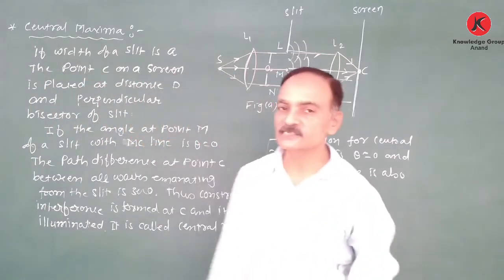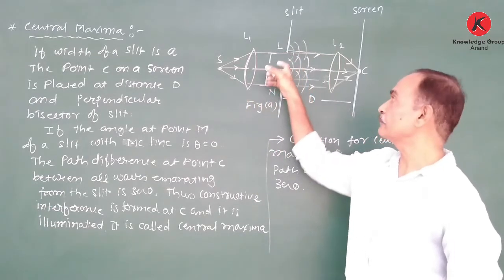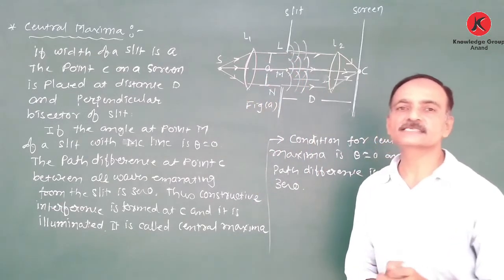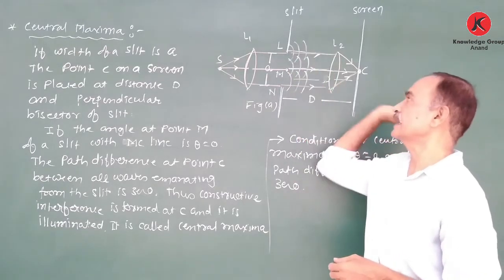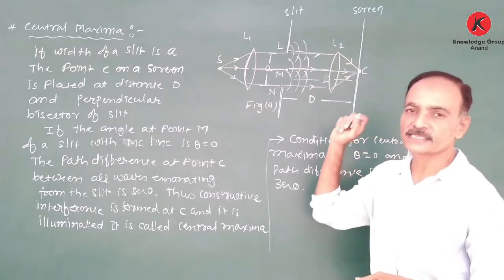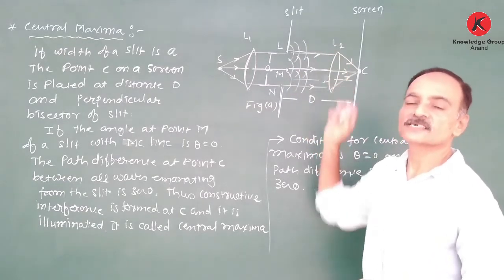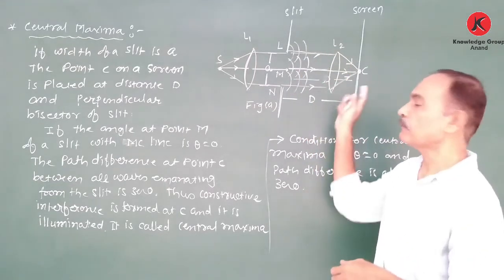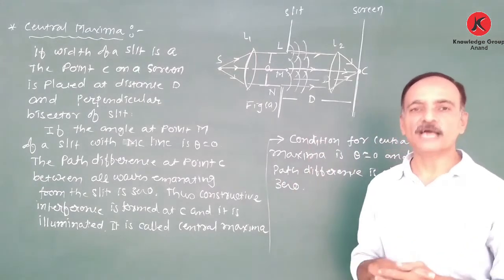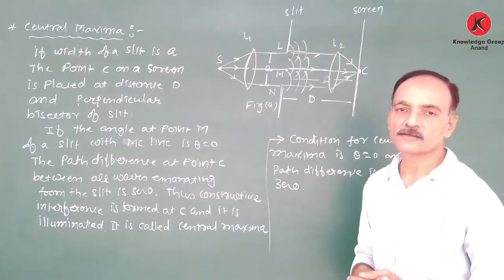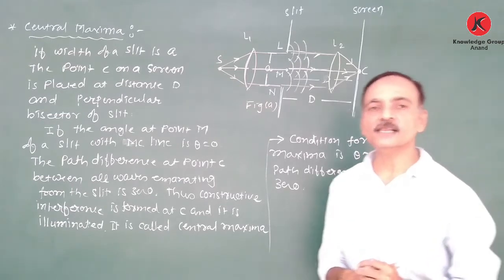How is the central maxima formed at point C? The path difference between the waves emanating from the slit is 0. That means the waves emanating in the direction parallel to the MC line, theta is equal to 0, are focused by the second convex lens at point C. Having path difference 0, the point C is shown in the back and that is our central maximum. Clear this?